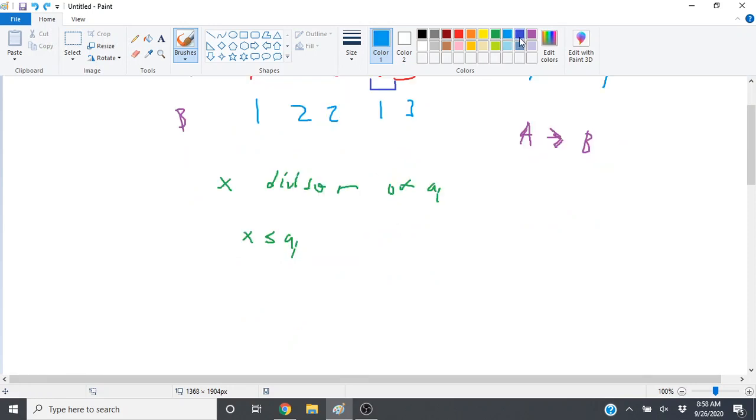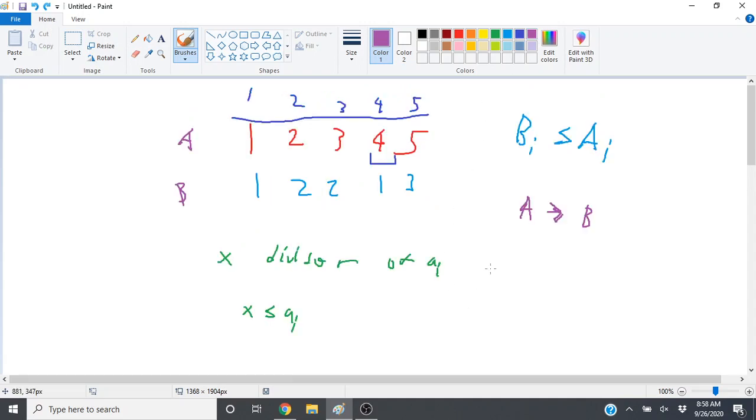And another thing we can say is that if GCD of A and B is equal to A, then if we do an operation with A and B, A is unchanged because A is the GCD. So these two things are useful.